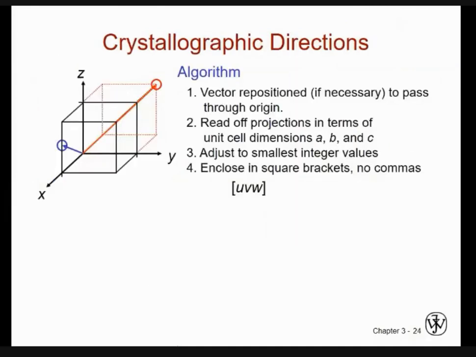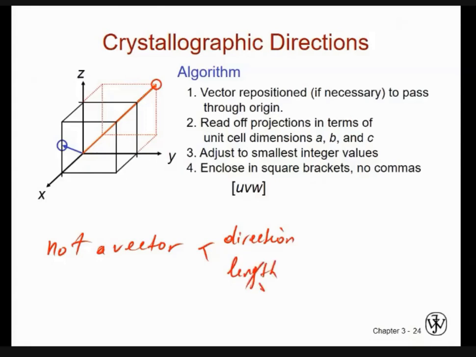Let's continue. Crystallographic directions. Here you see this blue direction and this red direction over here. Let me make the first thing clear: this is not a vector. It is a direction. Why? Here what's important for us is what the direction is. The usual vector has a direction and length.